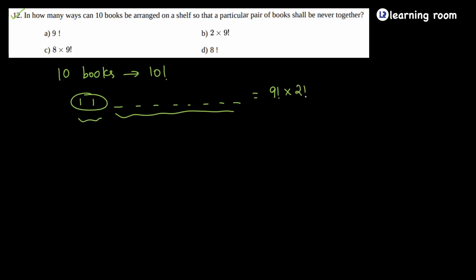So out of the total number of ways that you are able to arrange, that is 10 factorial, you need to remove this condition of them being together for you to get the answer for them never together.